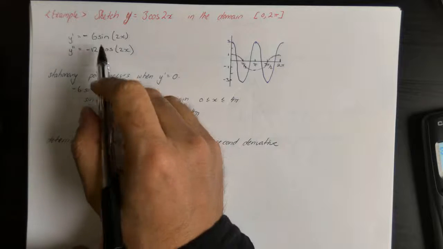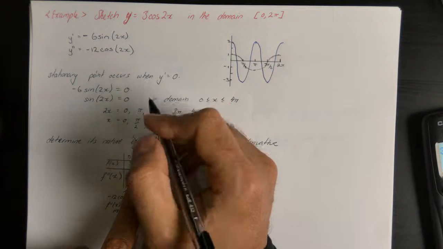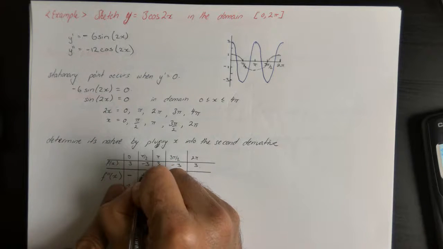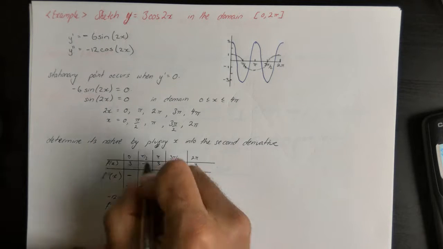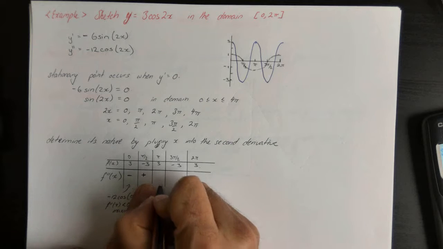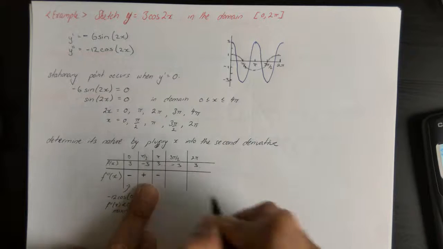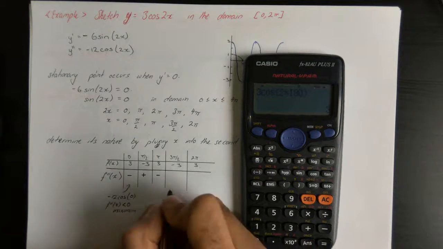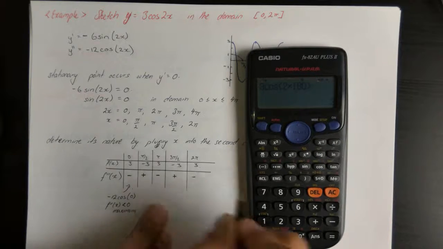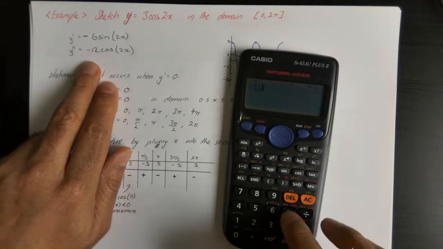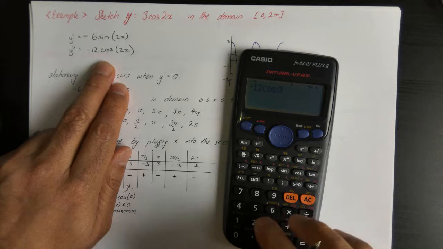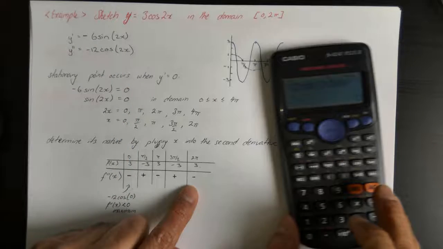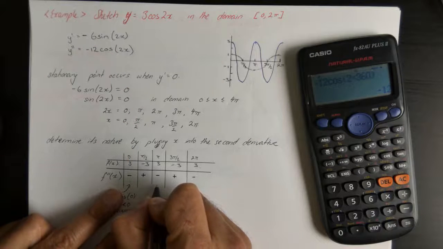Pi on 2, plugging it back in, just becomes pi, so that's going to be a positive value. This is going to be 2 pi, which is a negative value. Just double check: negative 12 cos of 2 times 360 is a negative number.